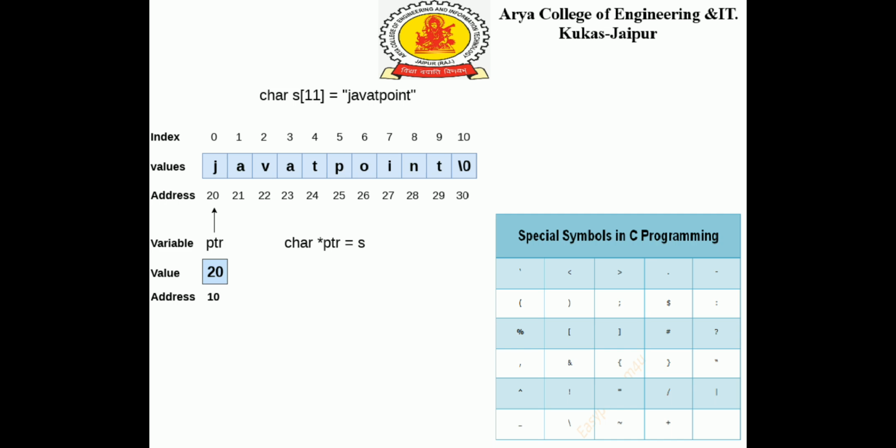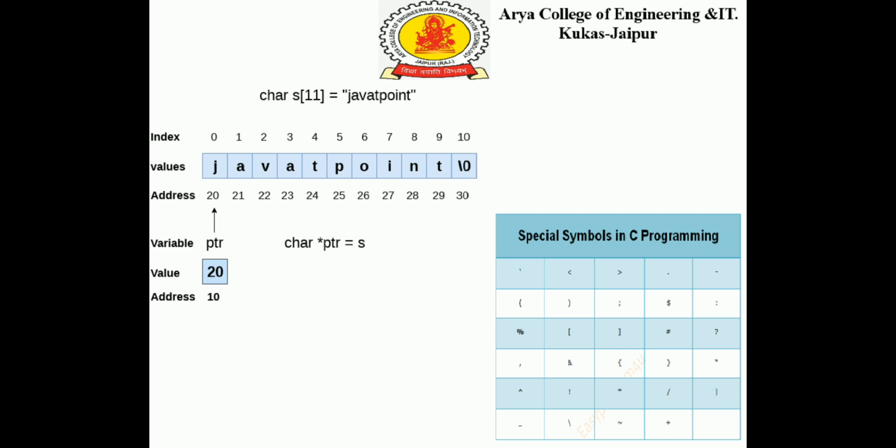We can see 0, 1, 2, up to 10, and the entire size is 11, but we will be having only 10 characters, and one character will be reserved for the null character.